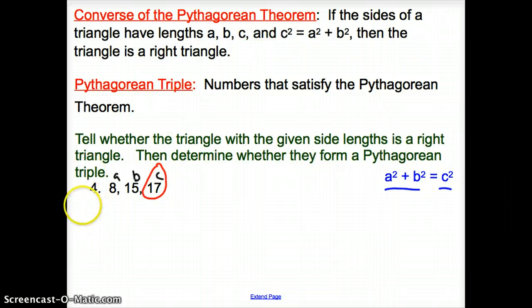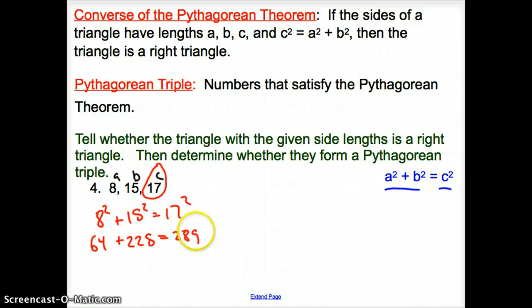So let's go ahead and try this. We have 8 squared plus 15 squared equals 17 squared. So 64 plus 225 equals 289. So does it? Let's add this up. This adds up to 289.